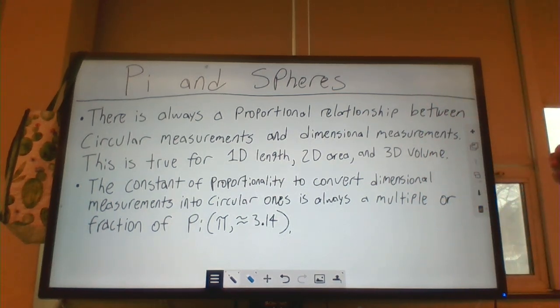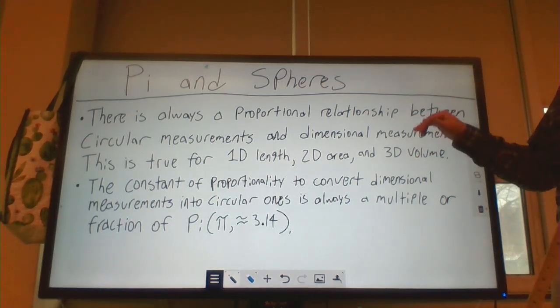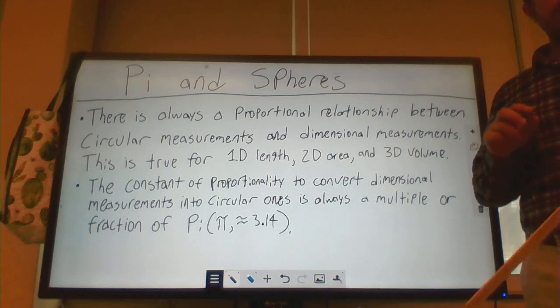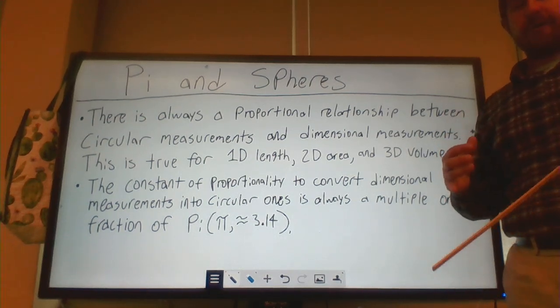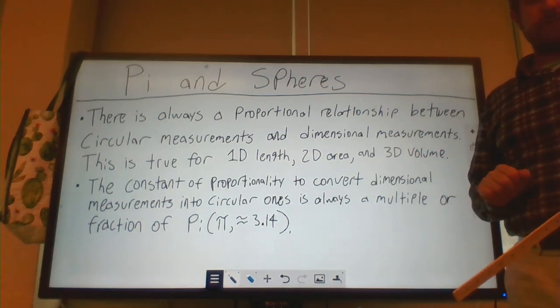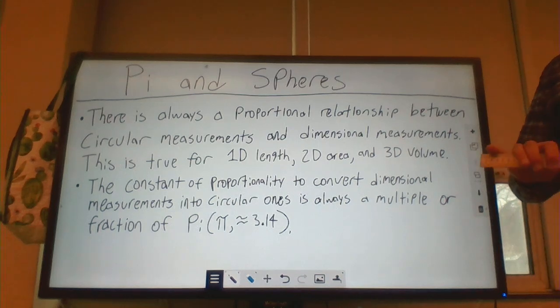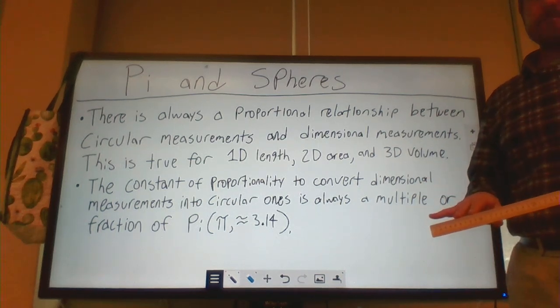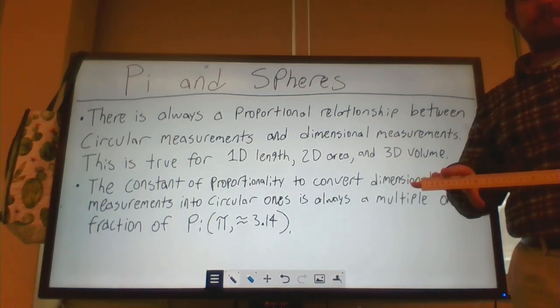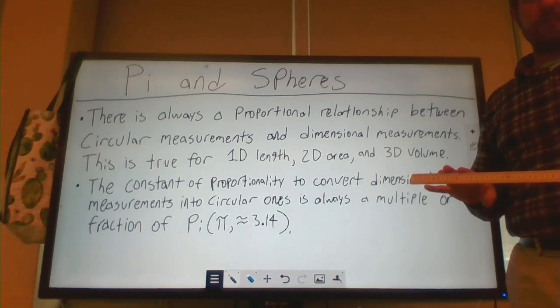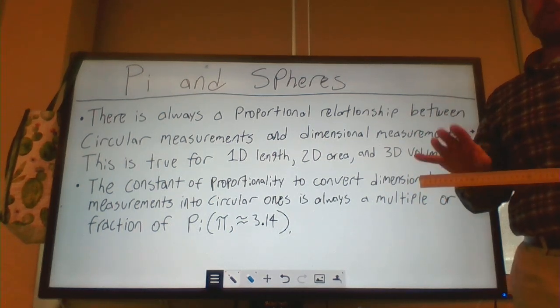So when we say we're talking about the constant proportionality between a dimensional measurement and a circular measurement, we are talking, therefore, about length versus circumference, square area versus circular area, and cubic volume versus sphere volume. Or I should say cube volume versus sphere volume.